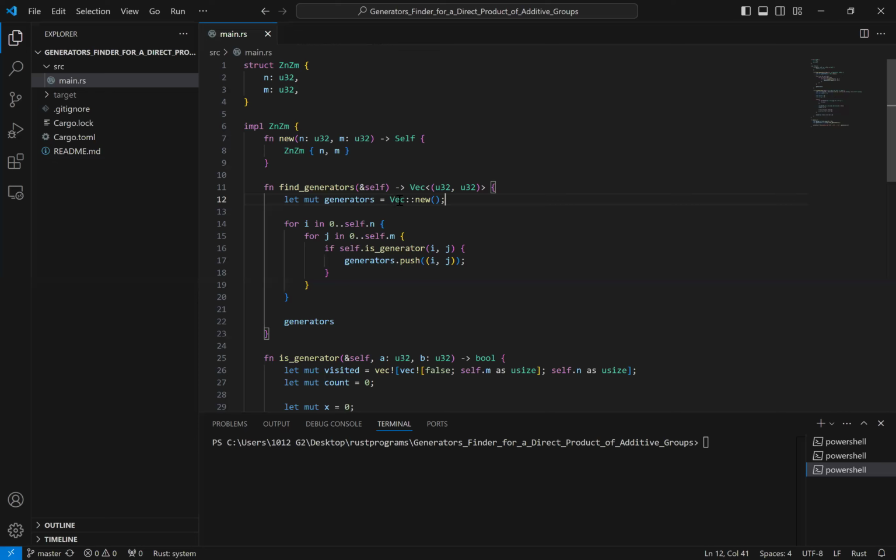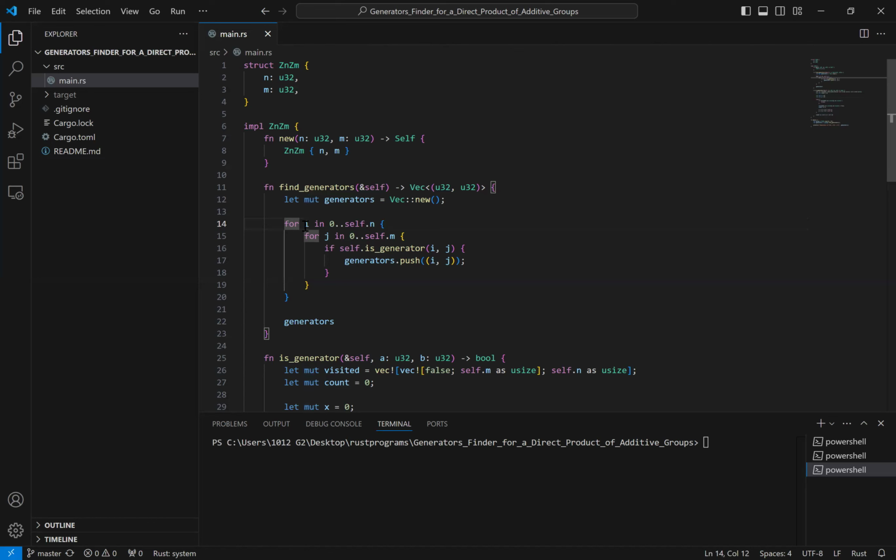This empty vector here is where it will be storing the vectors. So it begins with the empty vector, and that is why it says mutable, because it's empty at this point, but then it will be changing, getting generators. So it gets the first generator, goes there, the second generator goes there, and so on and so on.